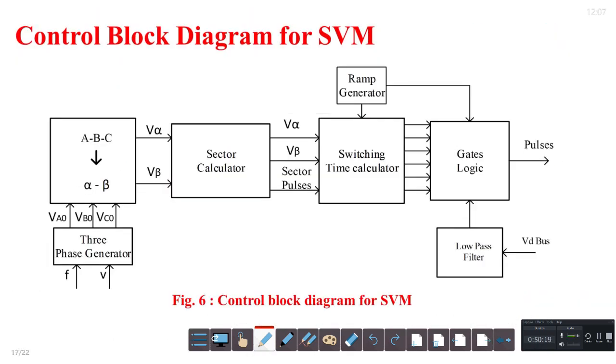So, this is the control block diagram. The speed controller gives the SVM the required voltage V and the frequency f. At the beginning of the SVM we have a 3-phase generator which generates the 3-phase control voltages VAO. These are the control voltages generated in the first stage.